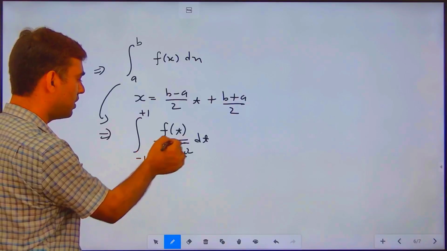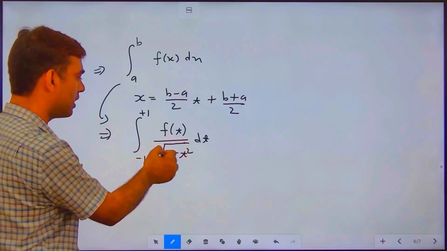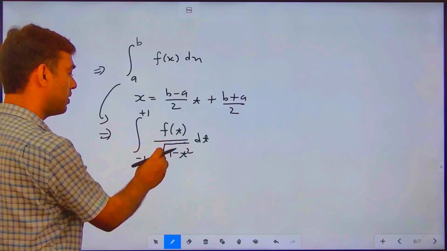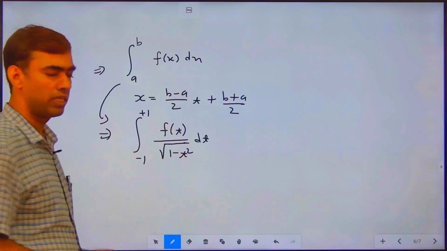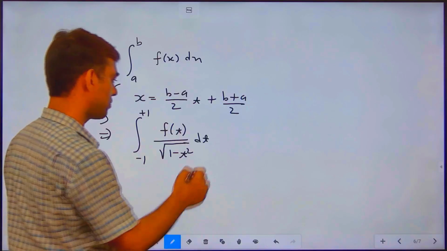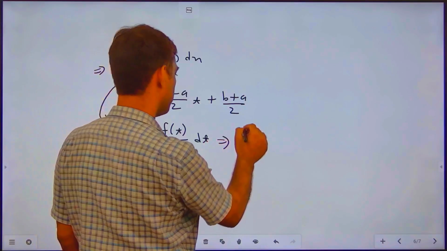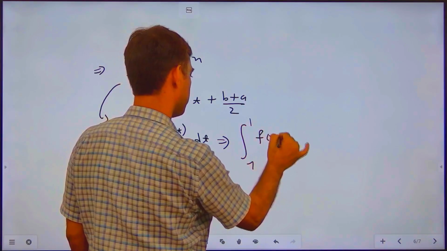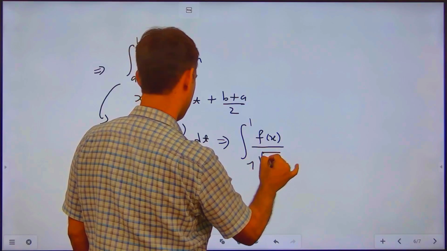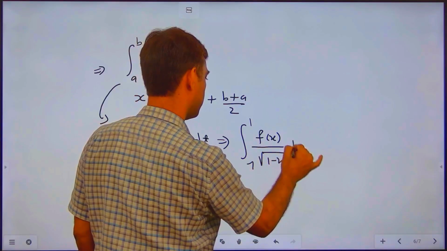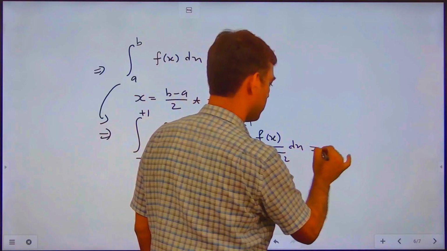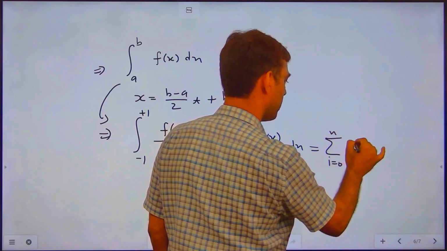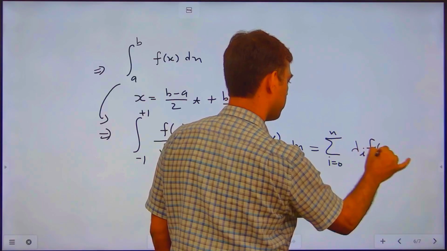Suppose we are unable to factorize under root 1 minus t square, then we multiply by under root 1 minus t square in the numerator and denominator. And we may also write this as the integral from minus 1 to 1 of f(x) upon under root 1 minus x square dx, equal to the summation i equals 0 to n of lambda i f of x i.